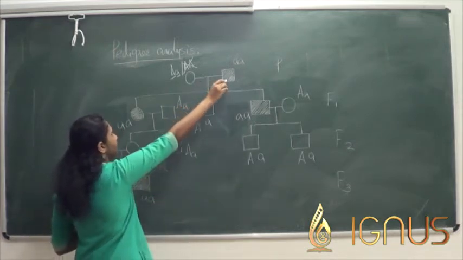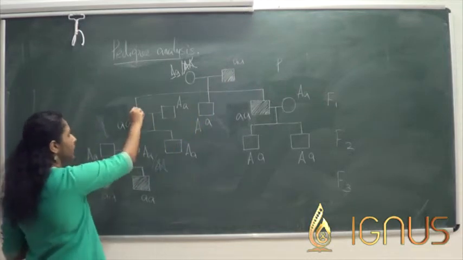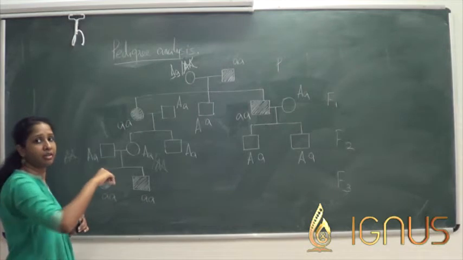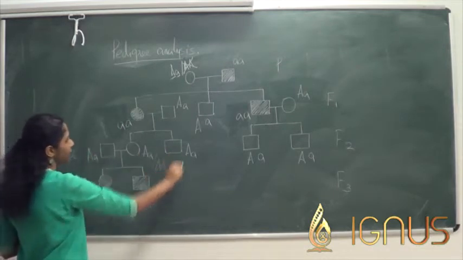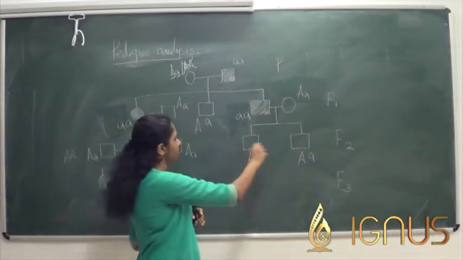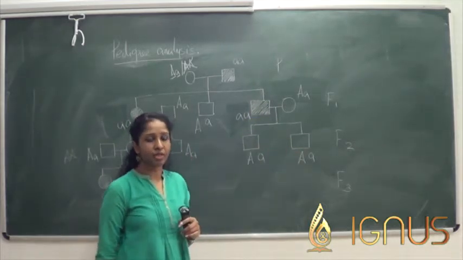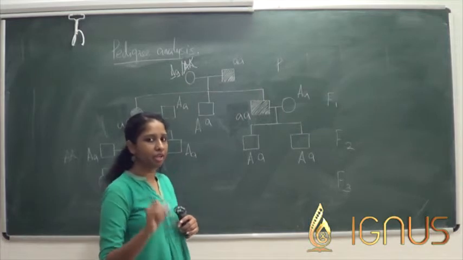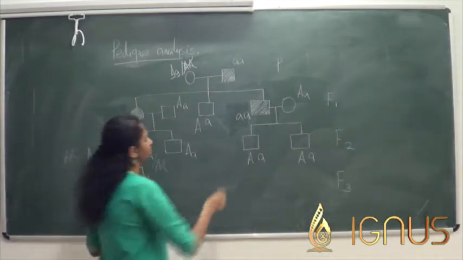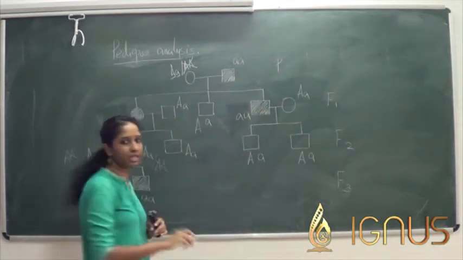So you can have parents who are affected, offspring who are affected again, and then a generation which is not affected. You have somebody affected here but not affected here. So it is skipping a generation, so it can be autosomal recessive. Sex-linked, because it is passing from the father to the son, it cannot be.